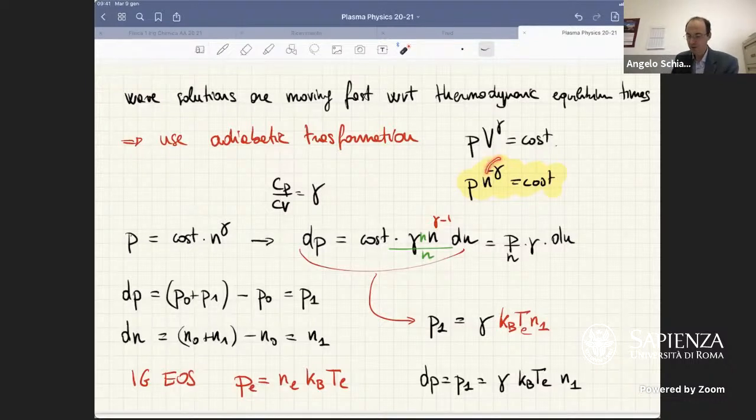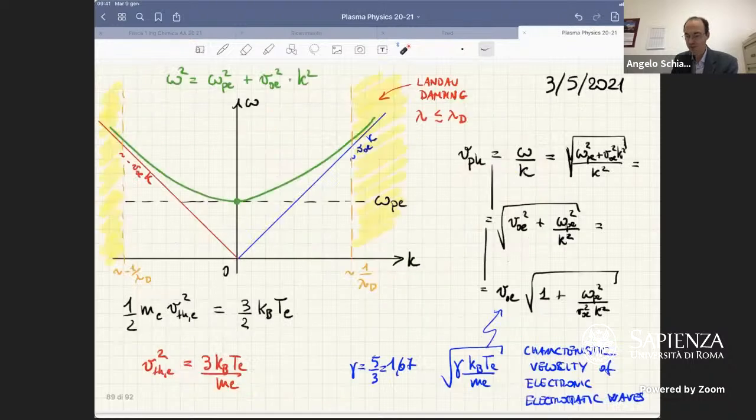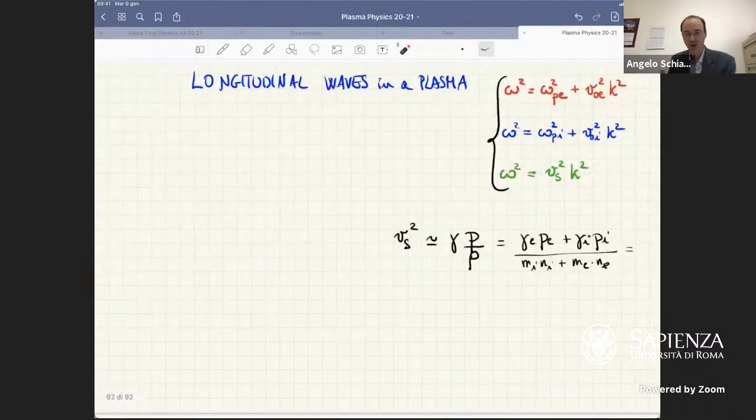So when we redo the same argument for the acoustic wave, we have to think about the characteristic speed of acoustic waves. And what we find is that acoustic waves are isothermal for the electrons and are adiabatic for the ions.